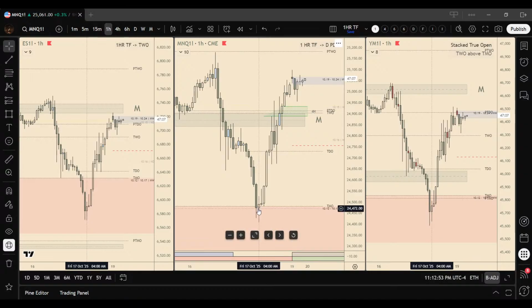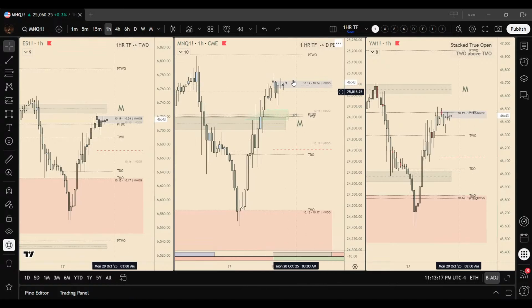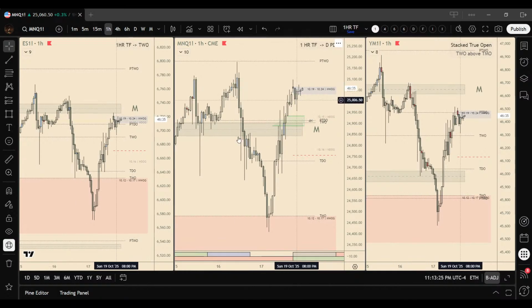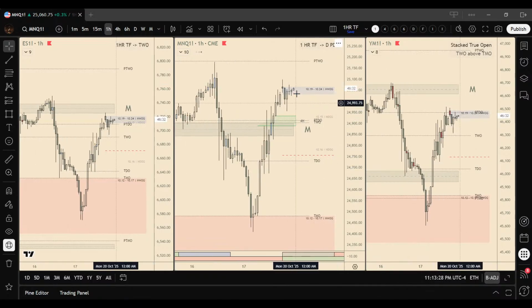We have the opening, which also is a swing point. It's not a precision swing point, but it is a swing point, at least on ES and on NQ. And then boom, price moves up. Now we're consolidating within the new week opening gap. I think we push up probably. There's no SMT. Price is probably going to consolidate, maybe drop, and then keep going up. I'm not really sure, to be honest.